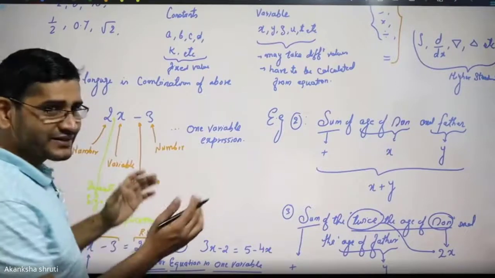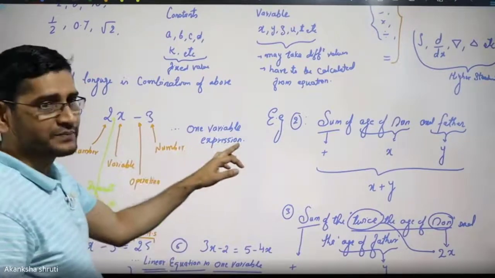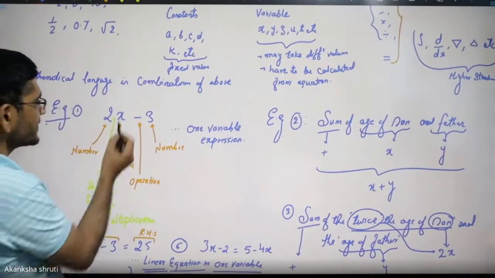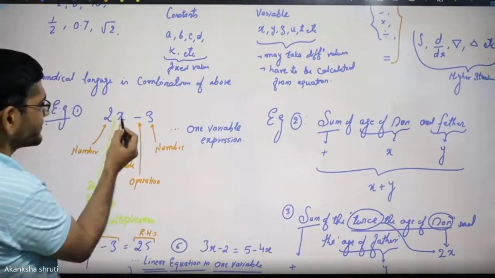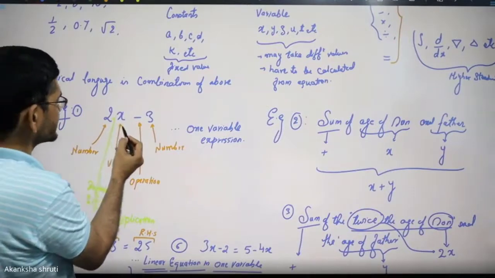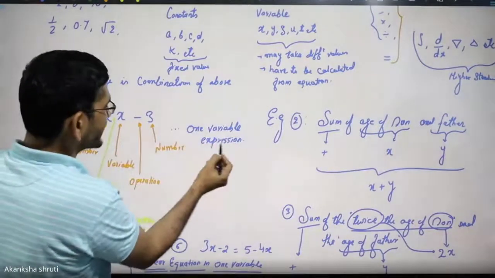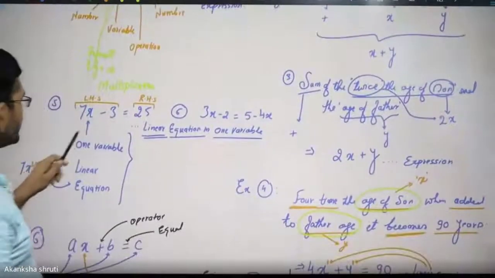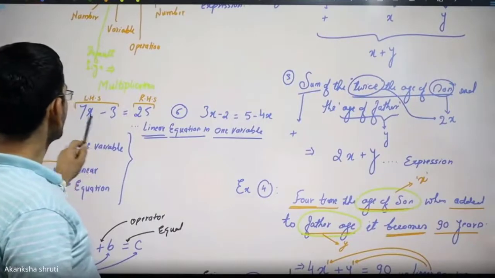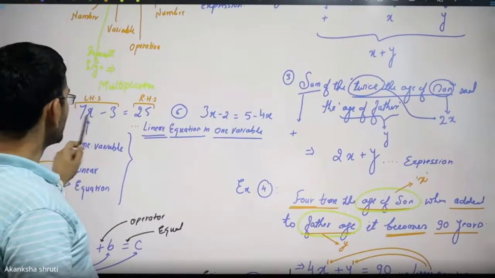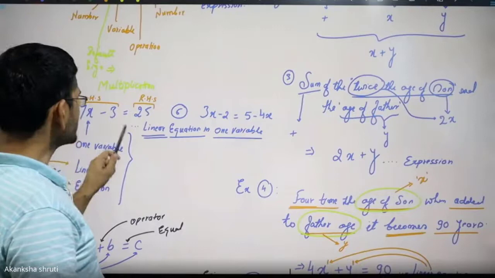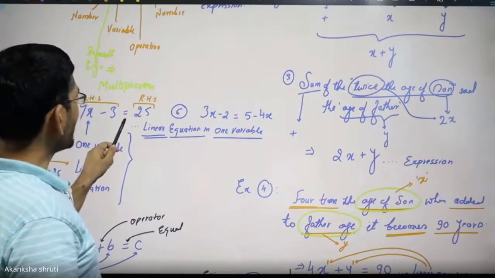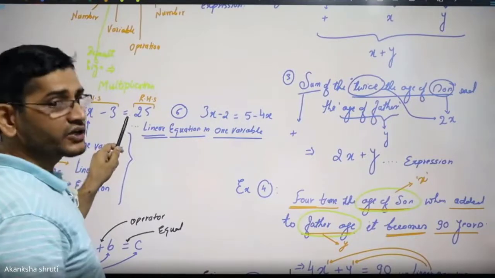That mathematical relation is called an expression. Here it contains only one kind of variable, only x is taken, so it is called a one variable expression. Next, if we have an expression on one side with an equal symbol, then it gets converted into an equation.